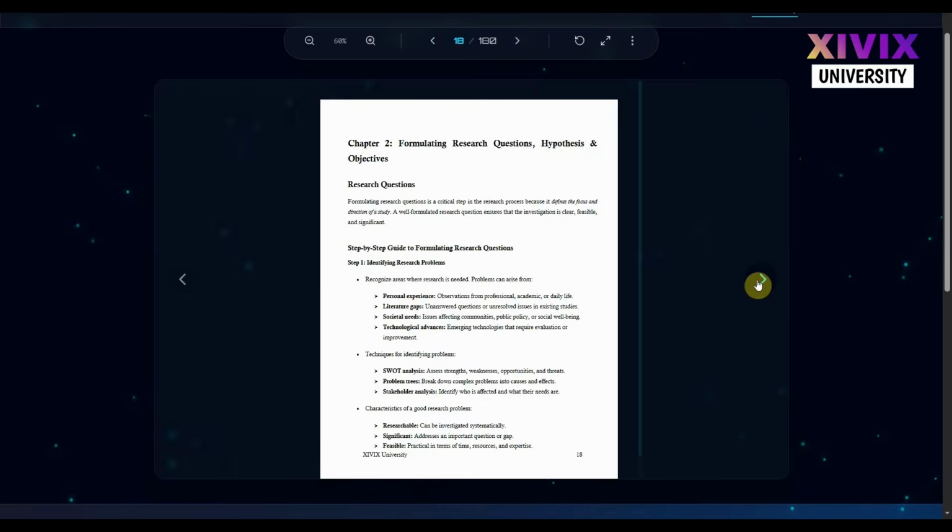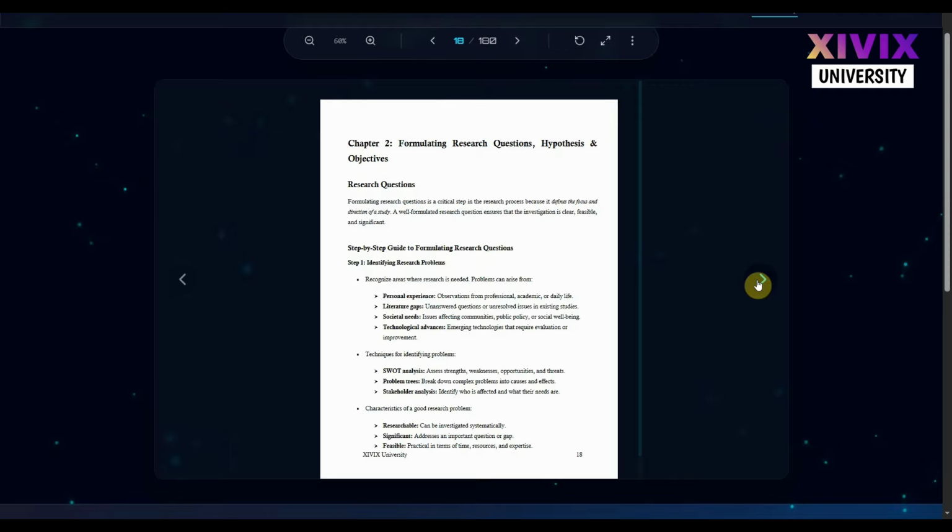When formulating your own research questions, you can use these 2 steps. The first one is to identify the research problems. Problems can arise from personal experiences, literature gaps, societal needs, and technological advances. The second one is the techniques for identifying the problems.